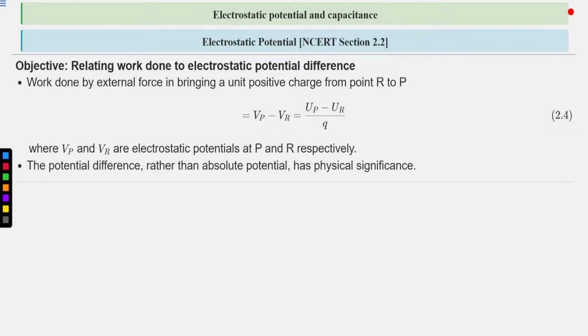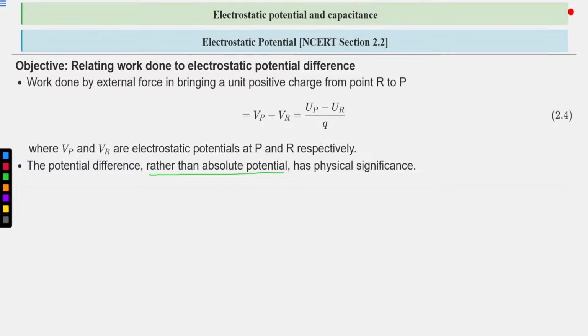The potential difference. Now similarly, potential energy was only significant when there is a potential energy difference, not absolute potential energy. Similarly, potential also has physical significance. Potential difference has physical significance rather than absolute potential.